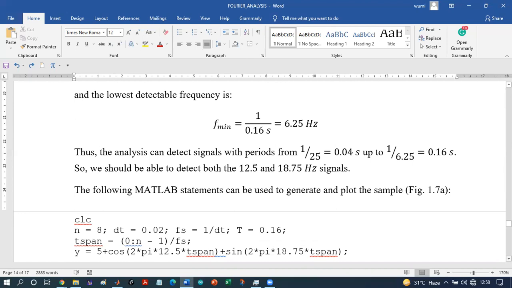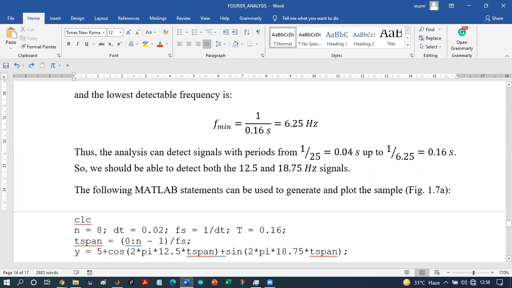So f of j ranges from 0 to 7. That means you need to calculate f of 0, f of 1, f of 2, f of 3, f of 4, f of 5, f of 6, and finally f of 7.